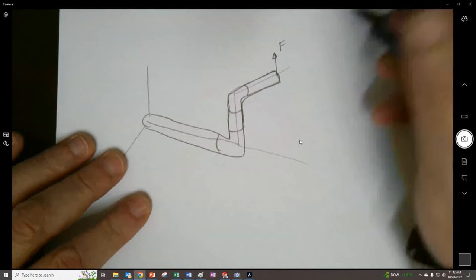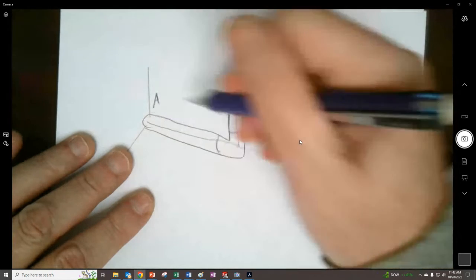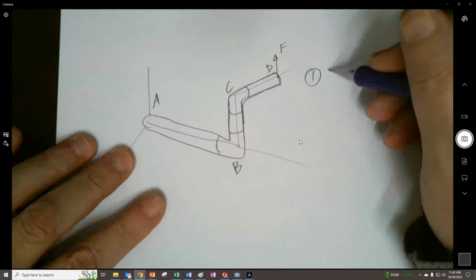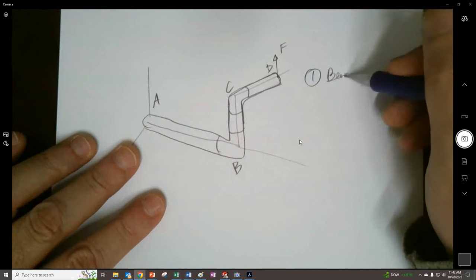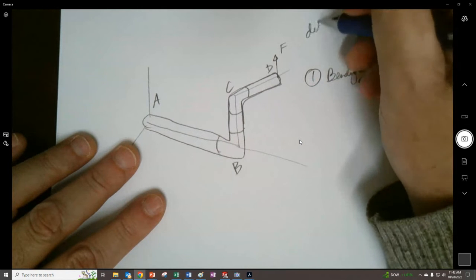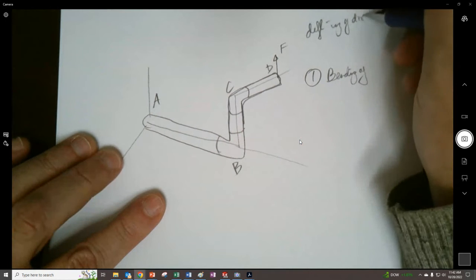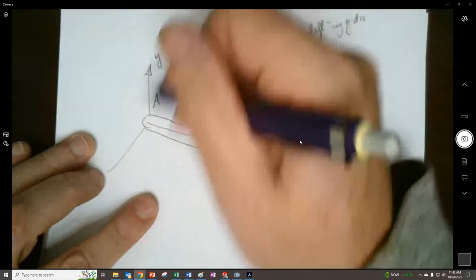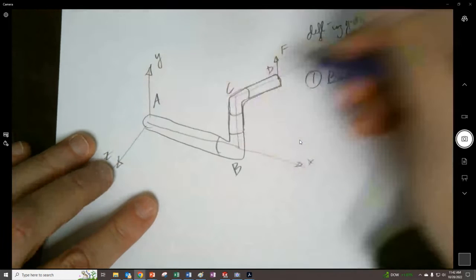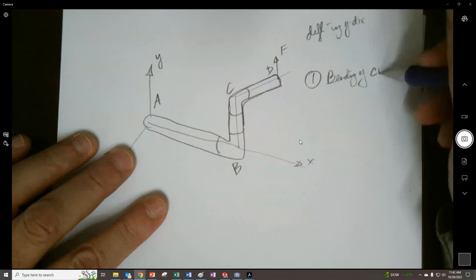So you had to kind of think. So like maybe, if we labeled this A, B, C, D, I would say maybe it was bending. And I ask you for deflection in the Y direction, right? So make a list right there.